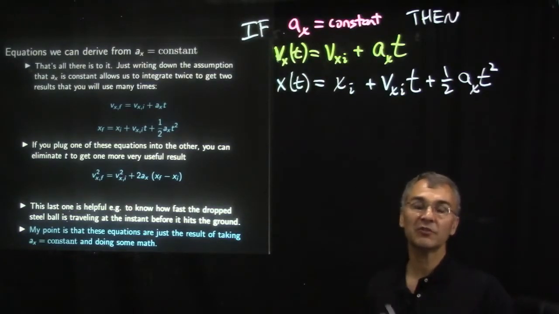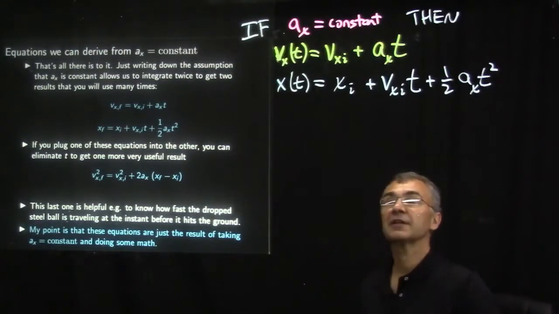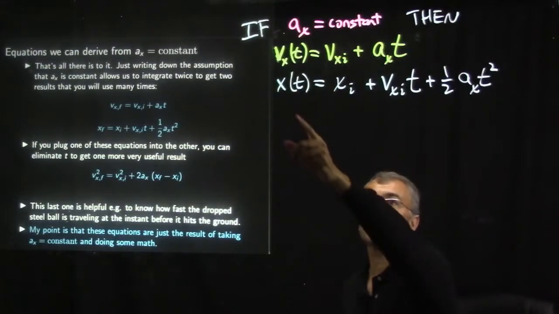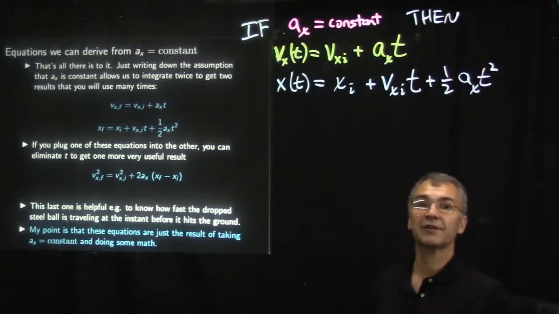You might have seen this if you took an earlier physics course. You might have seen it without all the subscripts. You might have just said v is v naught plus at, and x is x naught plus v naught t plus 1/2 at squared.